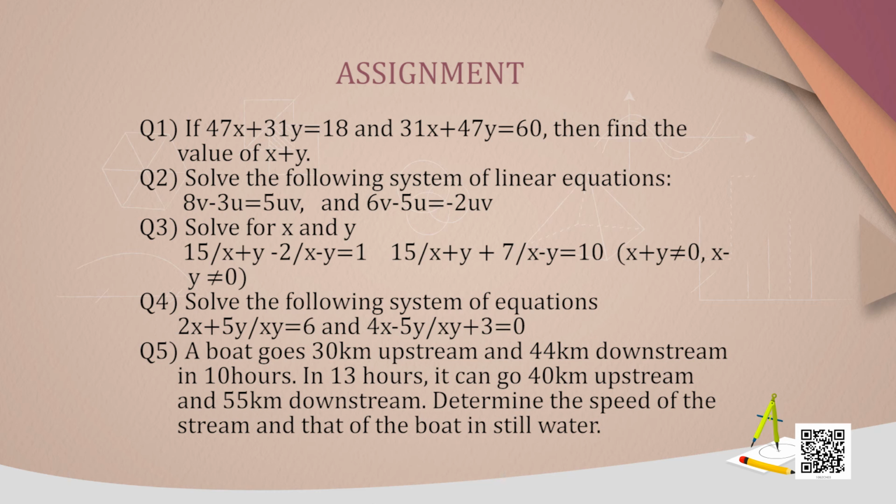Question number 2, solve the following system of linear equations: 8v minus 3u is equal to 5uv and 6v minus 5u is equal to minus 2uv. Third question, solve for x and y. 15 upon x plus y minus 2 upon x minus y is equal to 1 and 15 upon x plus y plus 7 upon x minus y is equal to 10, where x plus y is not equal to 0 and x minus y is also not equal to 0.